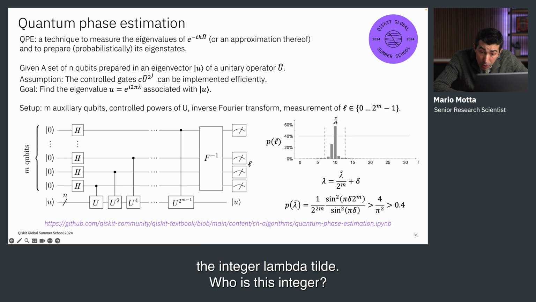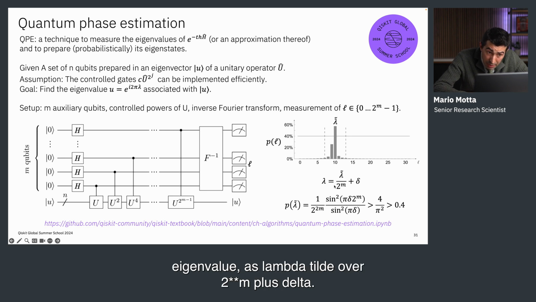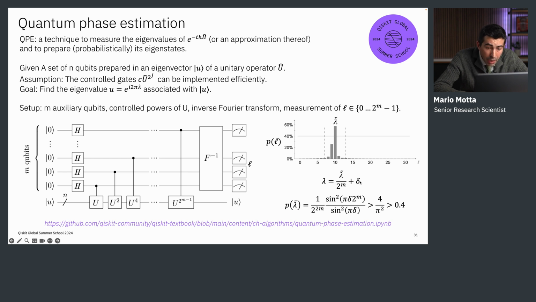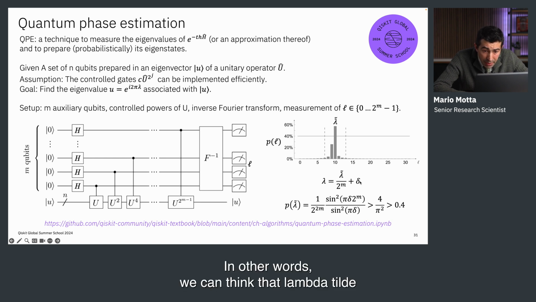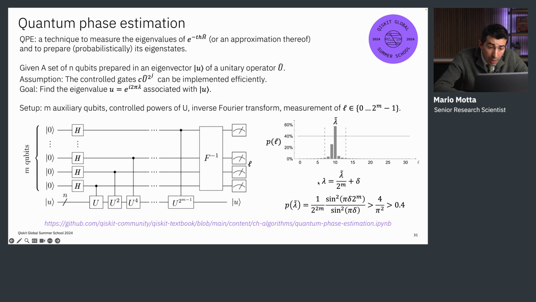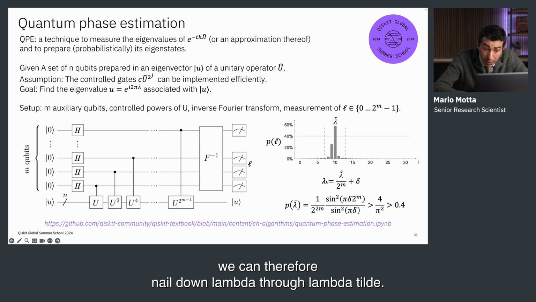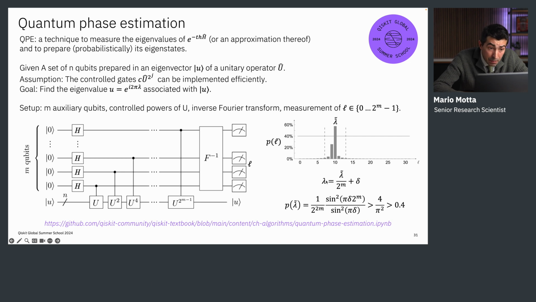Who is this integer? Well, we can write lambda, essentially the log of the unknown eigenvalue, as lambda tilde over 2 to the m plus delta. In other words, we can think that lambda tilde is an integer approximation to 2 to the m times lambda. The higher the number of auxiliary qubits, the more precisely we can nail down lambda through lambda tilde.